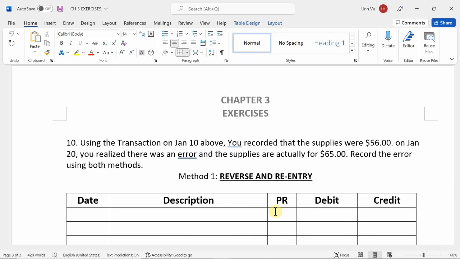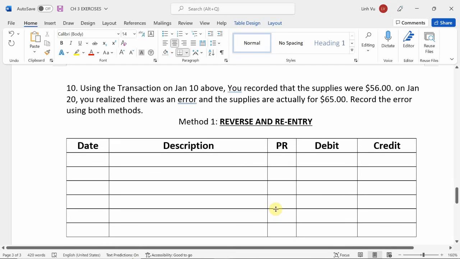So let's go ahead and record using both methods. Now again, rule of thumb here is when you do an error correction, you only need to choose one of the two methods. You don't do both of them, because then you're correcting an error and then you're making an error. So you only use one of the two, but I want you to practice both of them so you understand how to do it. So let's go ahead and do the reverse and re-entry.